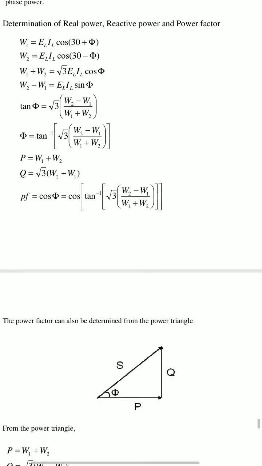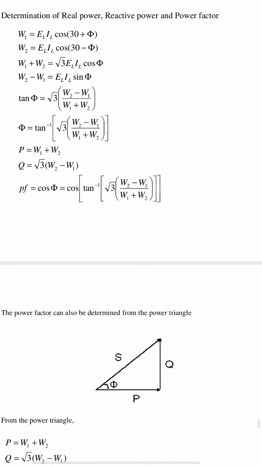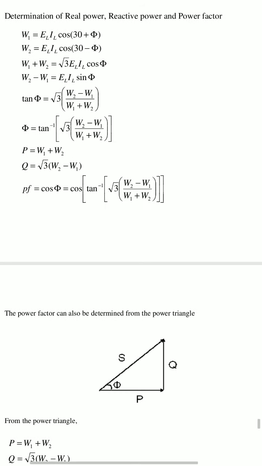W2 is EL IL cos(30 minus phi). W1 plus W2 is equal to root 3 EL IL cos phi and W2 minus W1 is equal to EL IL sin phi.